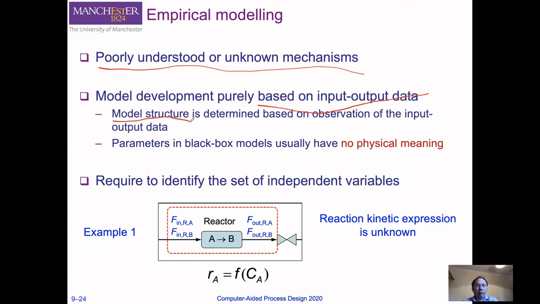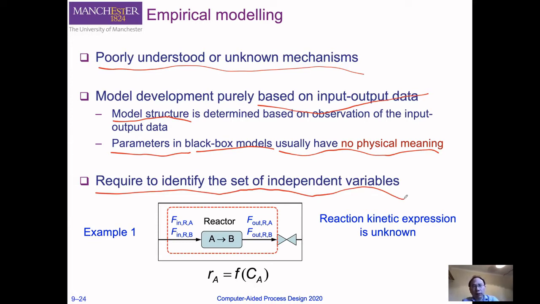After we come up with some kind of model, then we need to determine the parameters in the model. As we mentioned in topic 3, the parameters in the black box modeling approach usually have no physical meaning. In this empirical modeling approach, we also need to identify the set of independent variables that have great effect on the performance of the process.